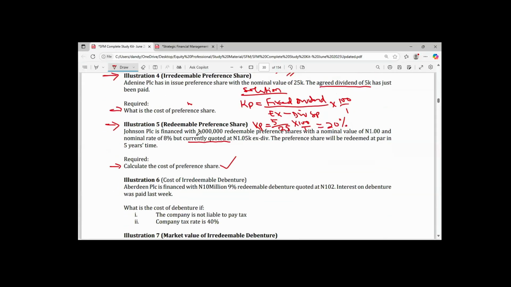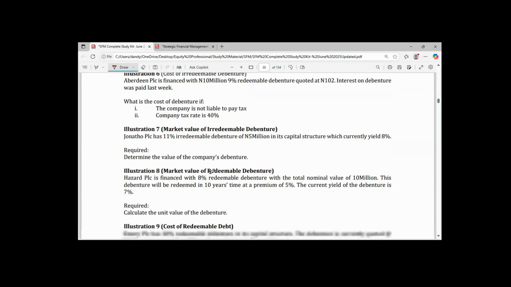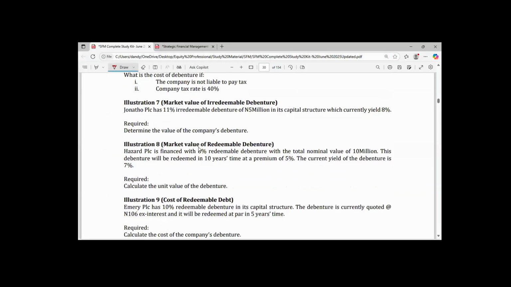So we are moving to cost of debt, and we have a few minutes to the end of the class, so I won't bother you with that. In our next class, by the grace of God, we are going to do cost of debt and then cost of convertible securities.